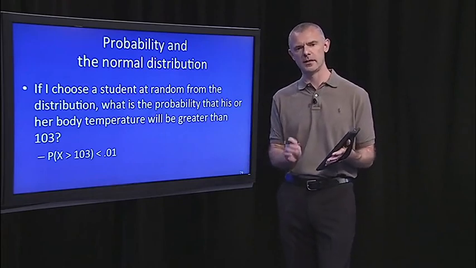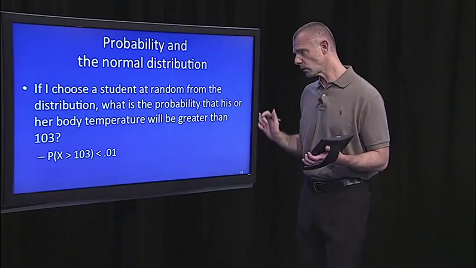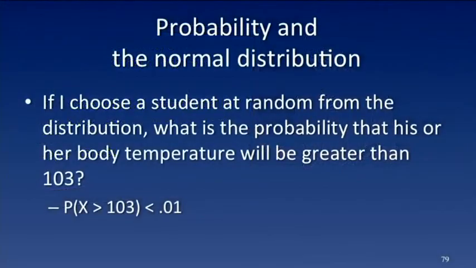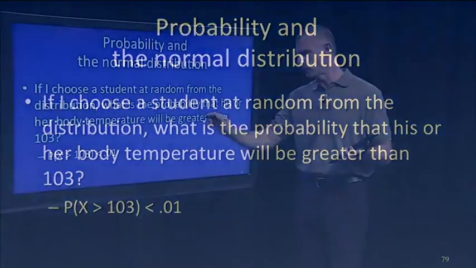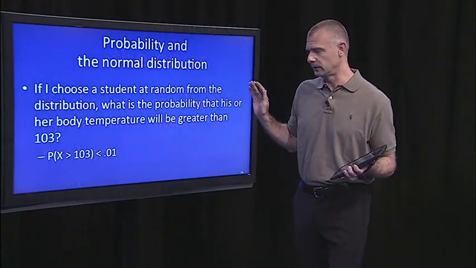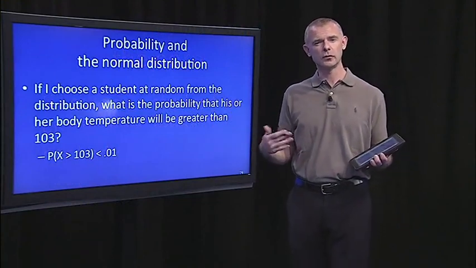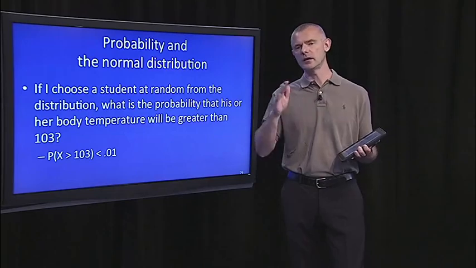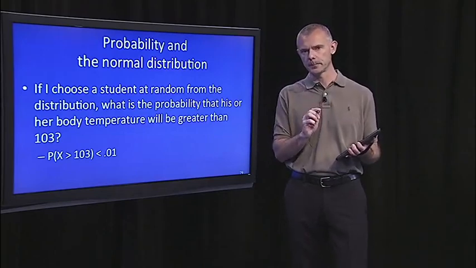They're sick, they need to go to the hospital. What's the probability of that happening? Well, that corresponds to a z-score of about 4. That's way off into the tail of the normal distribution. So the probability of that happening is less than 0.01. It's extremely unlikely given the assumption that everybody's healthy.